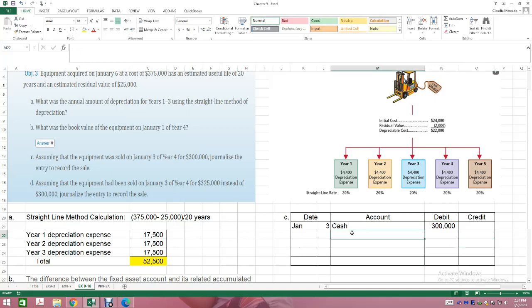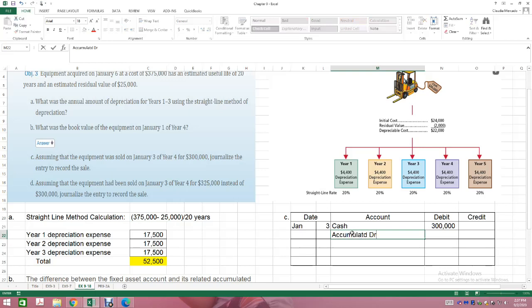Whenever we get rid of an asset, in this case we're selling the piece of equipment, we need to clear out the accumulated depreciation. Now, accumulated depreciation has a normal balance of a credit. It's a contra asset account. Because I'm wanting to zero it out, I have to do the opposite of a credit, which would be to debit the accumulated depreciation account for the total that we have recorded depreciation.